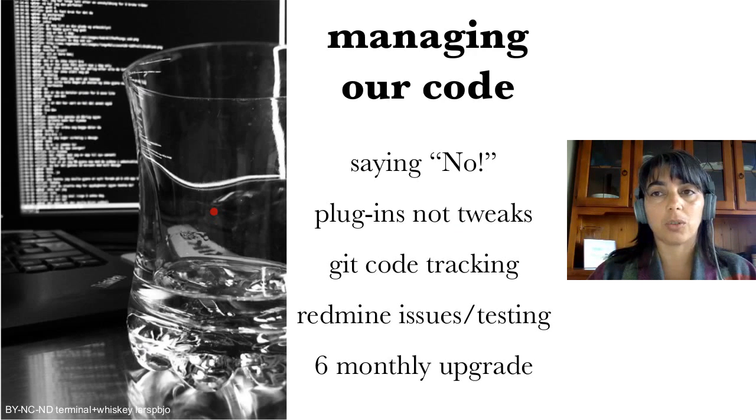So we always make sure that we go through this testing on our development site, and then on a test version of Moodle that we've got, and then on a duplicated version of our production, and then we put it into production. So we use Redmine to track what status each tweak and plugin is at.